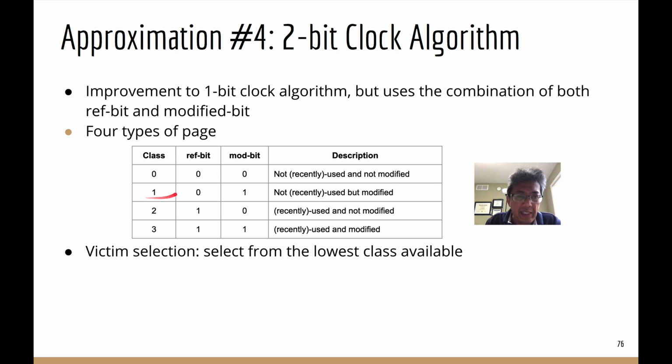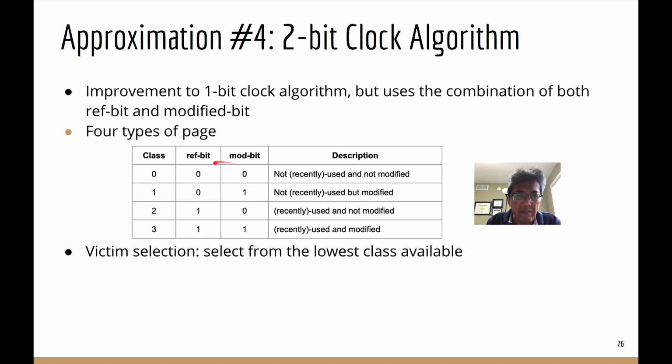The second class, class 1, is when the reference bit is 0 and the modified bit is 1. The third class is when the reference bit is 1 and the modified bit is 0, and the last class, class 3, is when both bits are 1. Again, the algorithm always tries to look for a victim from class 0 first.